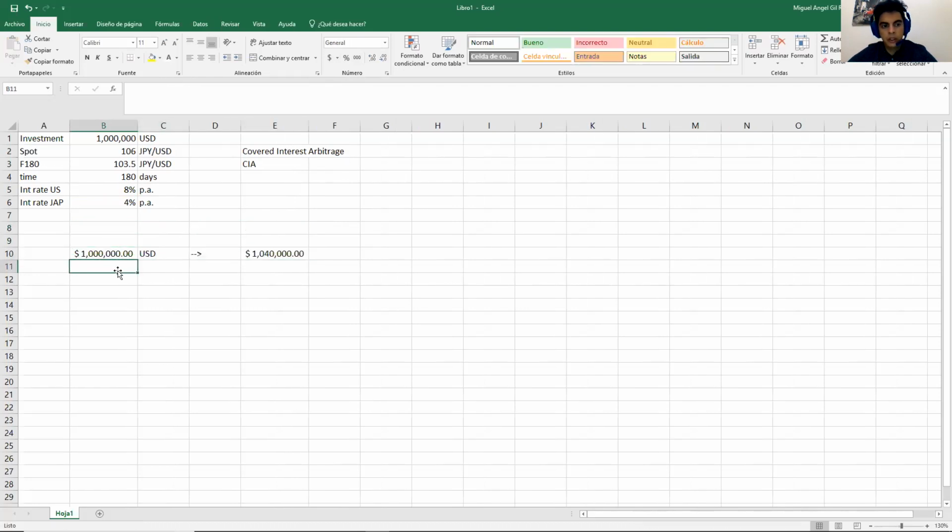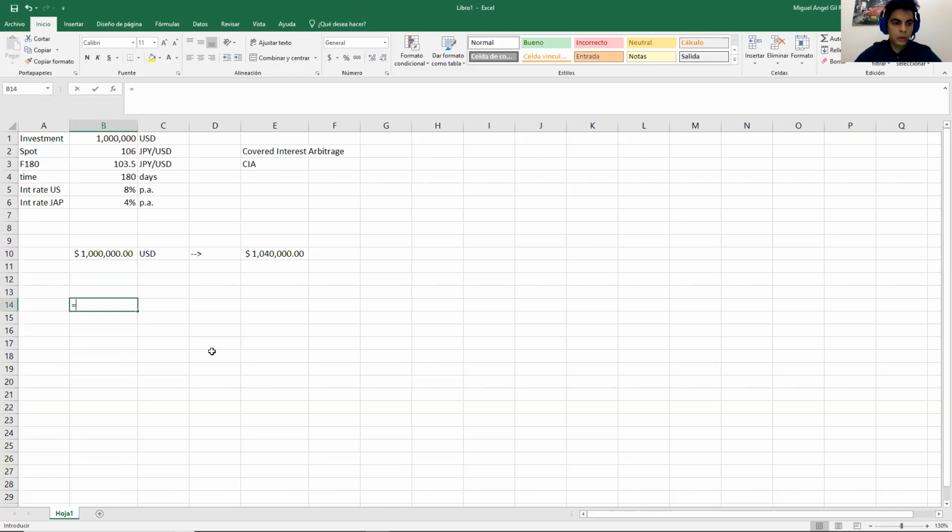The other thing that we can do is to move to Japan, right? We change our dollars to yens, then we invest in Japan, and then we go back to the US. That's what we are going to calculate here. We go from the US to Japan, so we need to change the currency from dollars to yens. Then we invest in Japan, and with that money, we go back to the US.